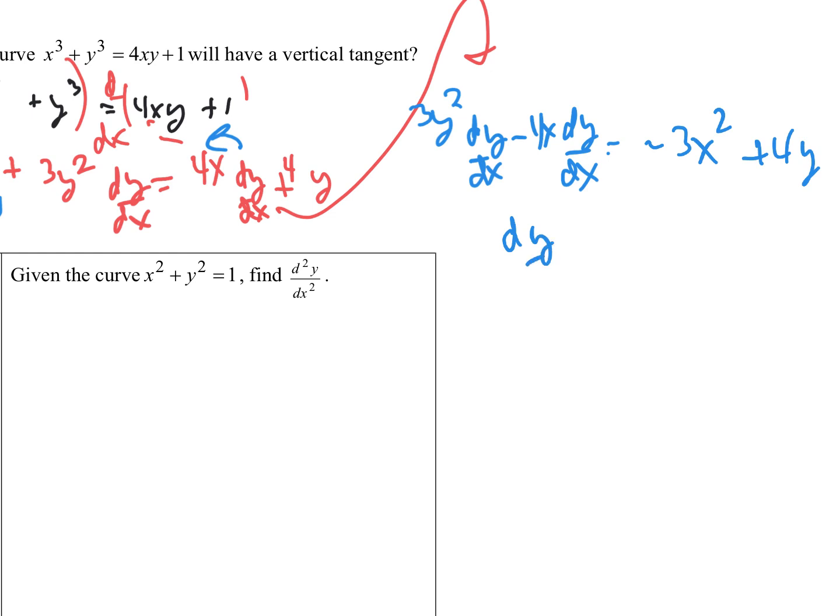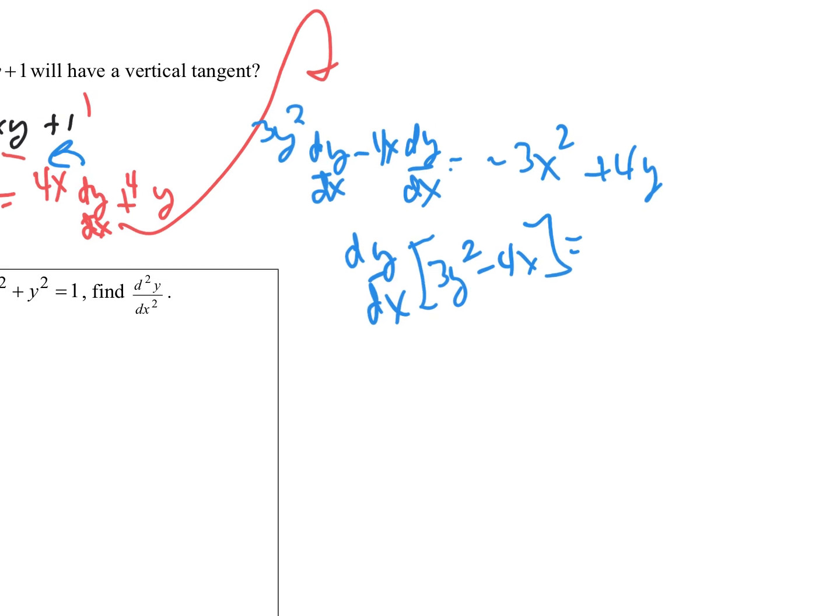Factor out the dy dx. 3y squared minus 4x equals the negative 3x squared plus 4y. 3y squared minus 4x equals, why am I doing that?